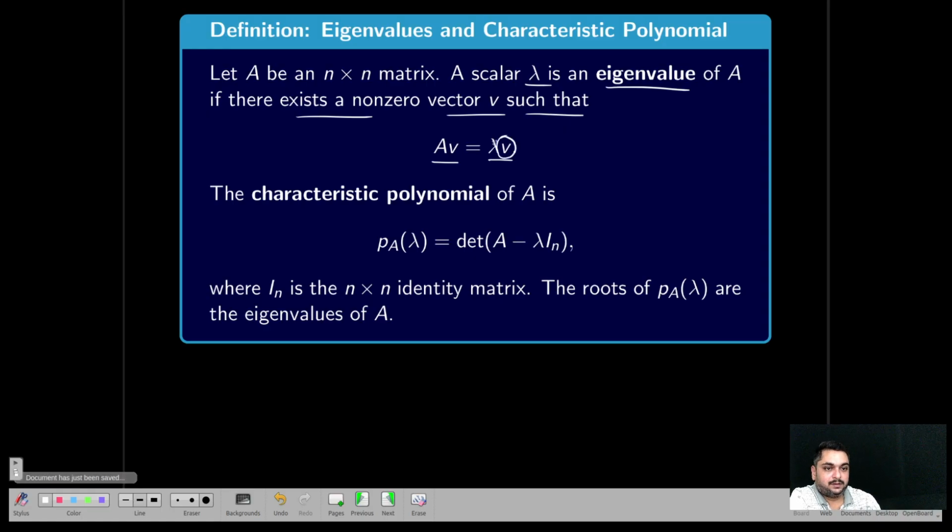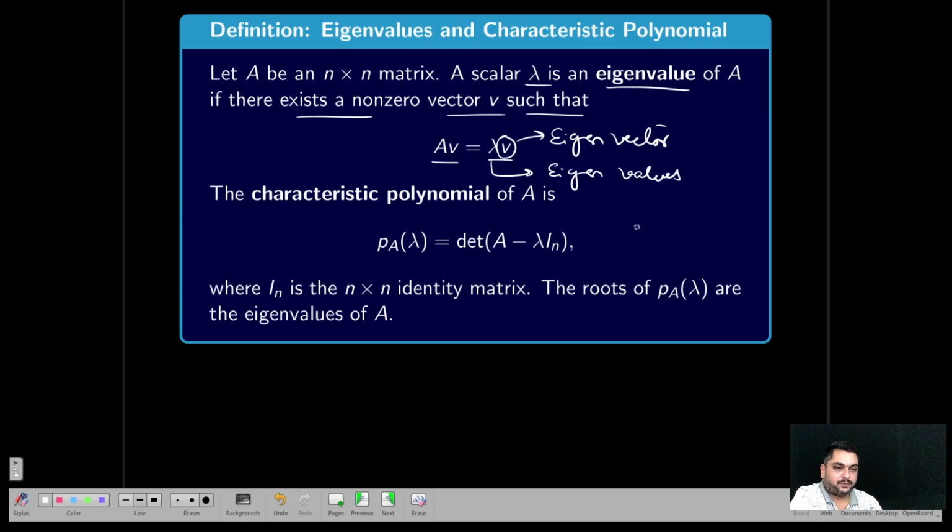This vector v is called the eigenvector and lambda is called the eigenvalue. Basically, your eigenvalue lambda indicates the scale of your vector.